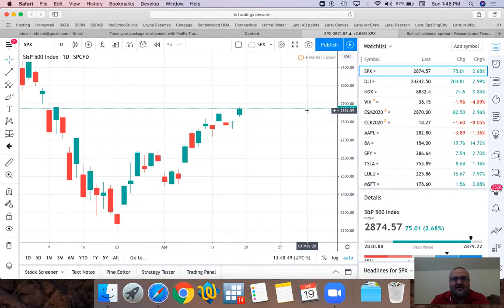So this is a bull call spread. We have a bullish expectation that the market is going to go up. Just for the sake of this argument, I'm going to draw our first line. For instance, let's say that we expect this to be 29.40. So this is your 29.40 long position going all the way to May 1st.